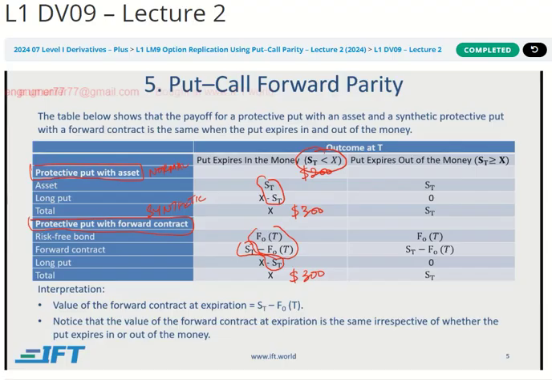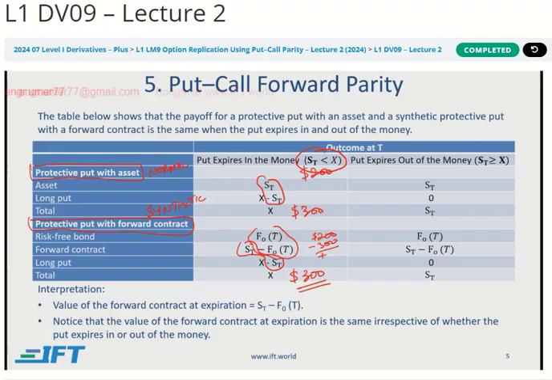Because you will have a put option here as well, which will give you the right to sell the asset at 300. And even though the forward will cause a loss, so you got into the forward contract at 300, but the stock price fell to 200, so you will have a loss of 100 here, right?